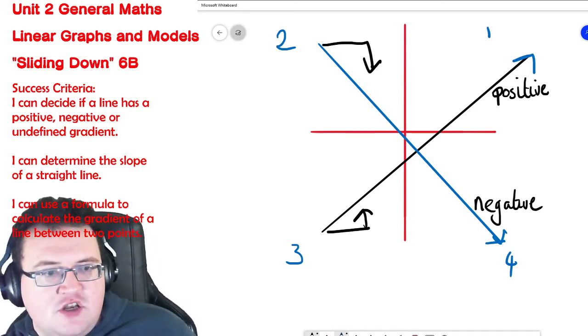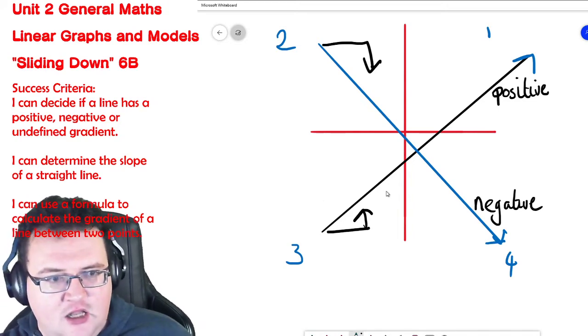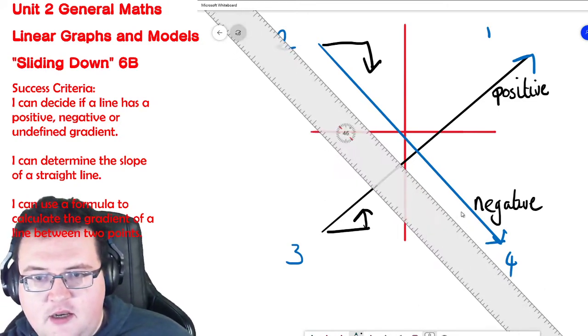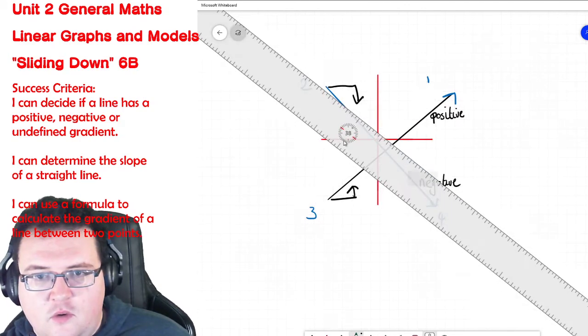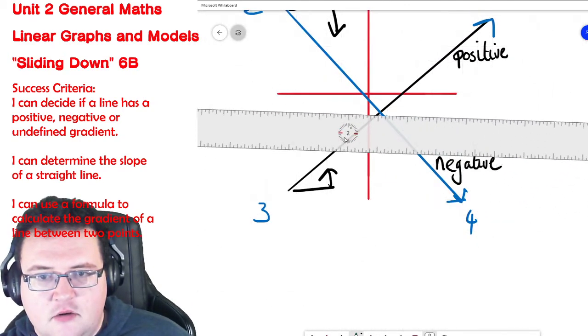A line with no gradient is simply just a flat line.